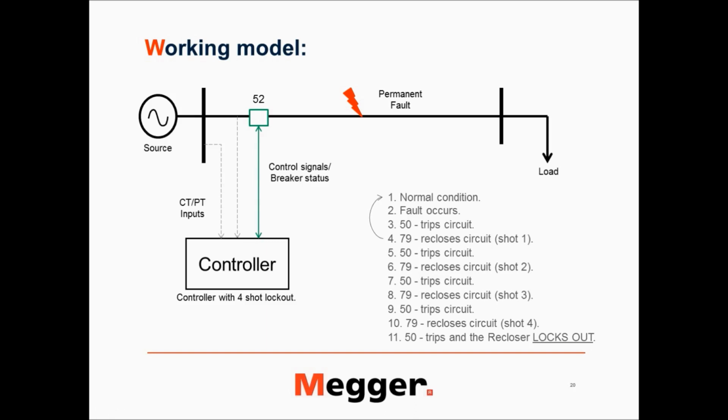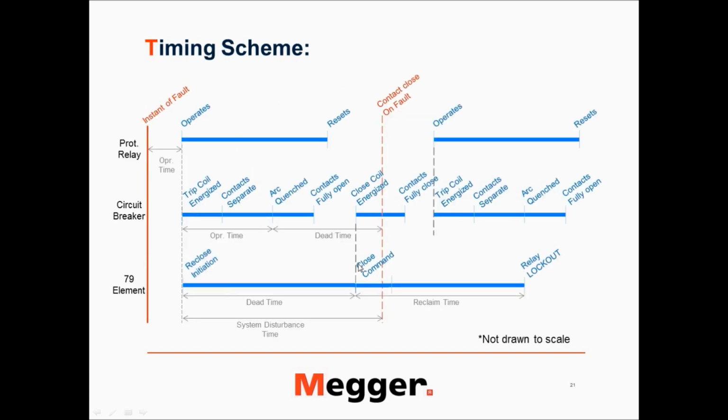And that 79 function inside the controller will issue a reclose signal to the auxiliary circuit, or the reclose circuit in particular. So that will be the close command sent by the 79 element into the circuit breaker.